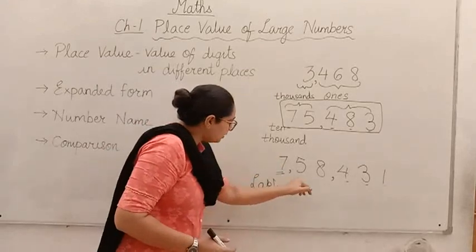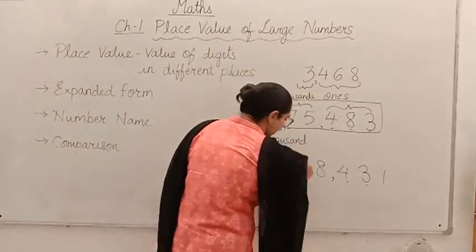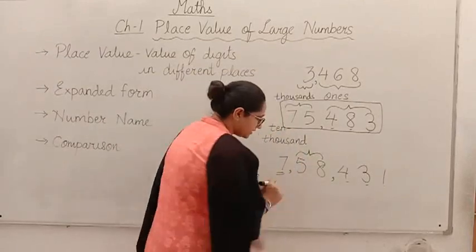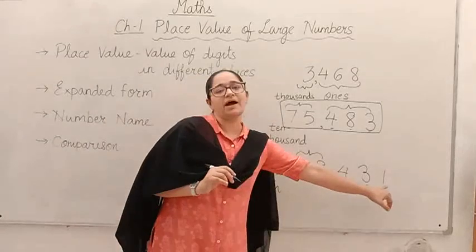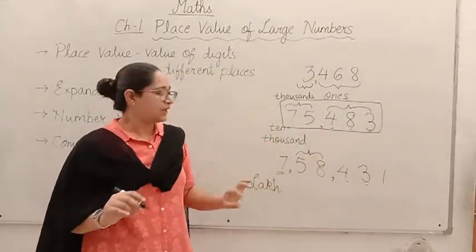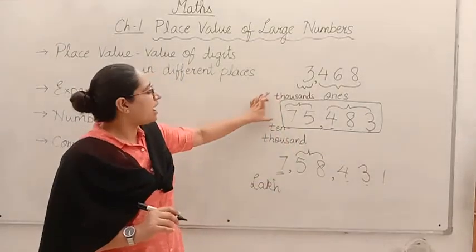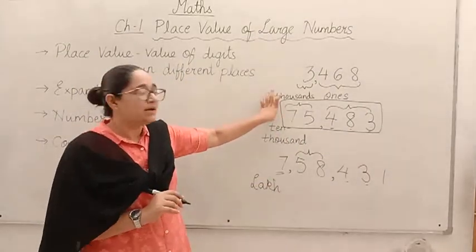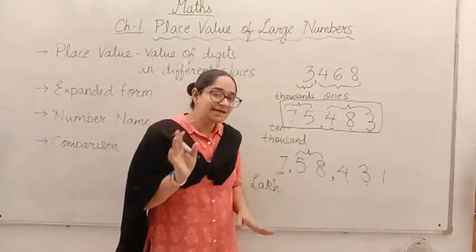7 lakh 58,000. Why? Because this is thousands group. Your thousands group. Isn't it? So 7 lakh 58,431. This is how you read a 6-digit number and how you read a 5-digit number. It is similar to your numbering as you did earlier.